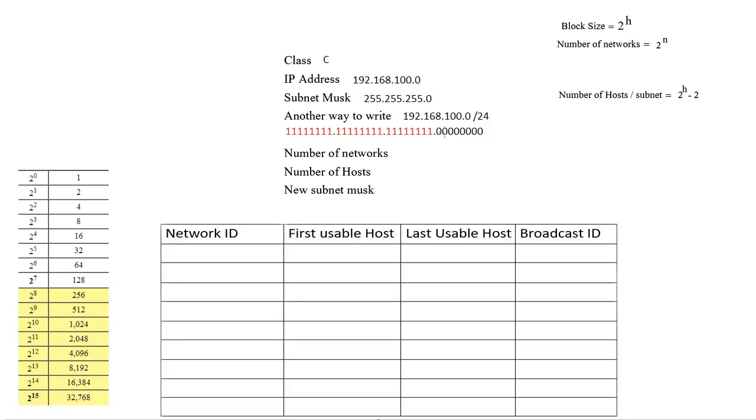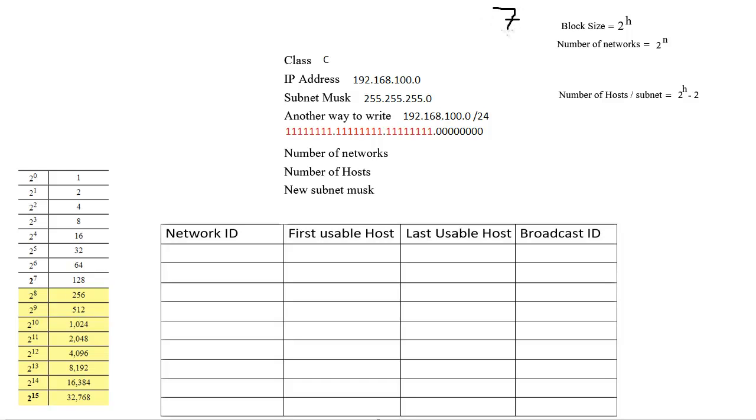So these 8 bits will give us 254 valid hosts. So assume that your manager gives you this IP address and asks you to create 7 networks. So our requirement here is 7.